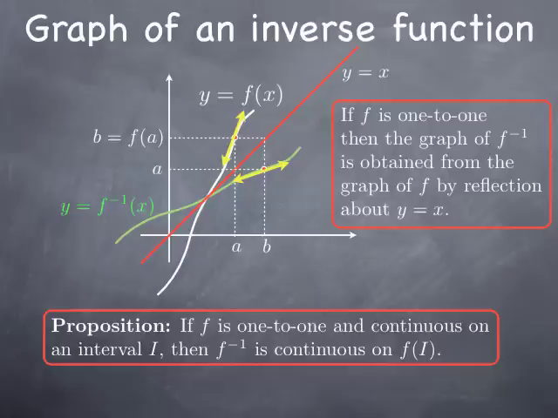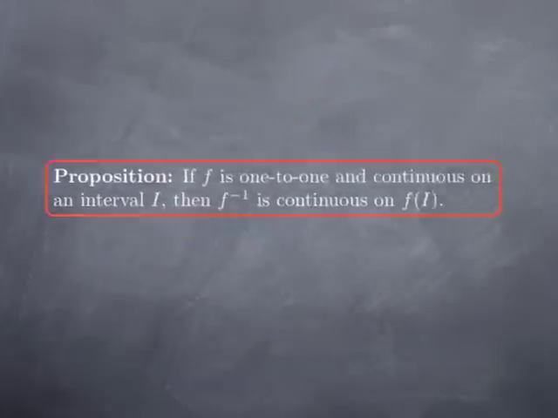So a vertical tangent corresponds to a point where the function is non-differentiable. So f inverse is going to be differentiable as long as we're looking at a point where on the other side, on the graph of f, we don't have a horizontal tangent. So let's try to make that more precise.